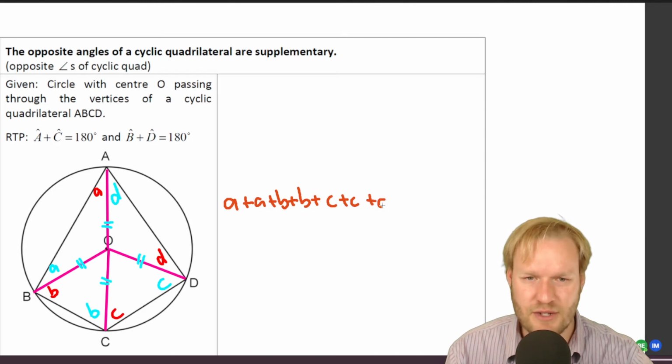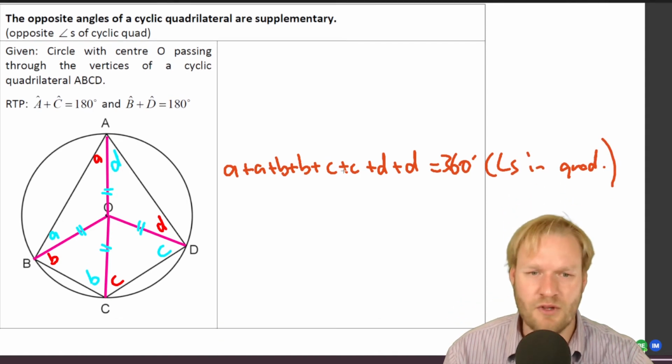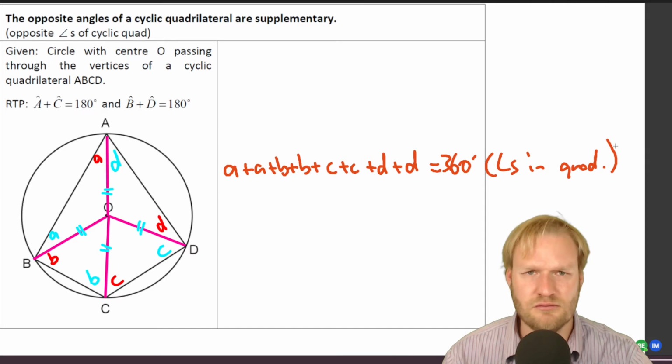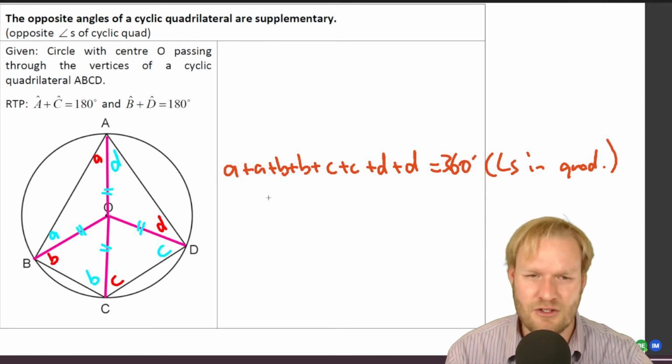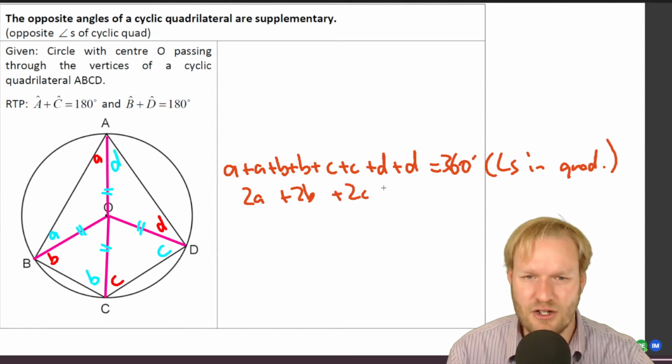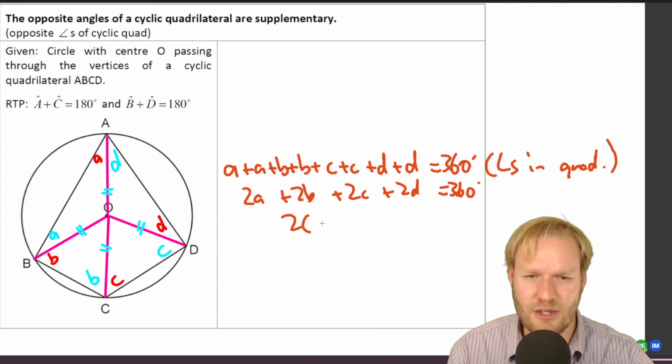Reason: sum of angles in a quadrilateral. Okay, kind of there now, because we've got 2A plus 2B plus 2C plus 2D equals 360. I'm going to show this step, though I don't think it's entirely necessary. Bit of algebra, common factor.